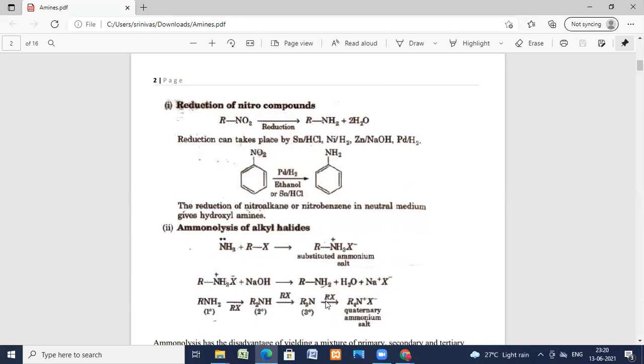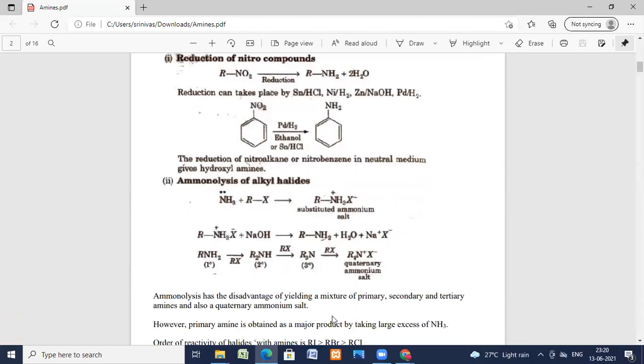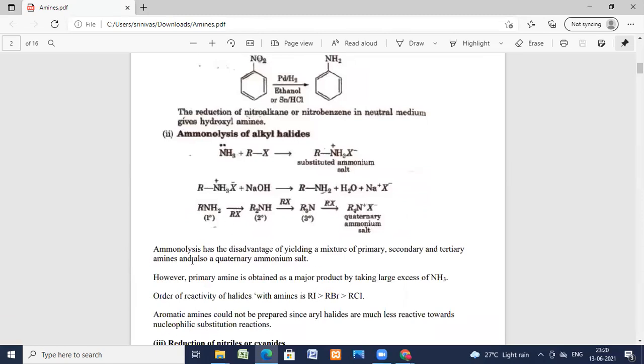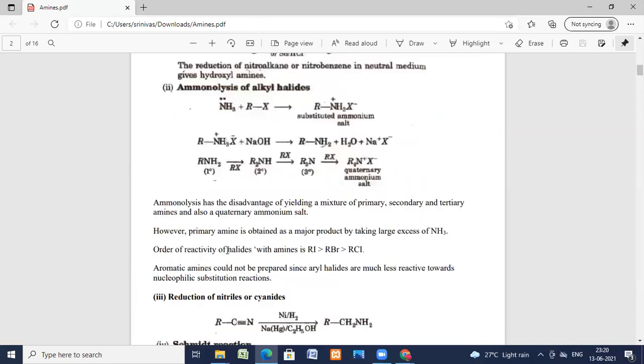And further alkyl halide can still be added to this tertiary amine, which gives the quaternary ammonium salt. Ammonolysis has a disadvantage of yielding a mixture of all four: primary, secondary, tertiary amines, and quaternary ammonium salts. However, primary amine is obtained as a major product by taking a large excess of NH3.